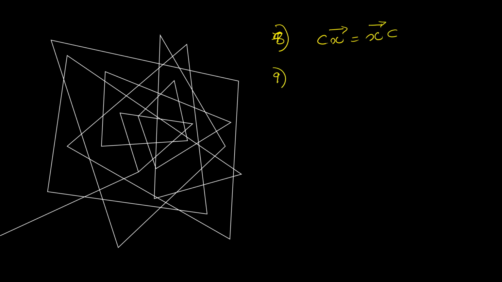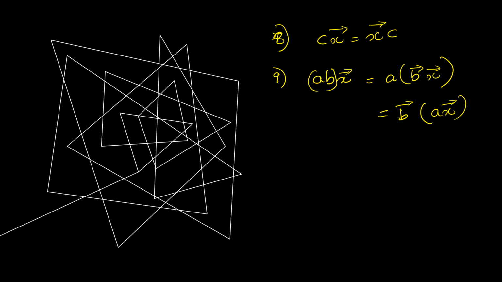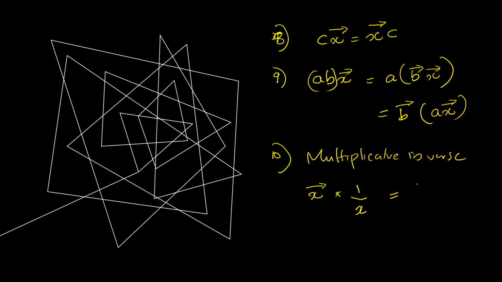Then the ninth property: a and b are two scalars, then a into b into x would give a of b into x, and would be again equal to b of a into x. Then there exists a multiplicative inverse. That is, we have some element x and it has an inverse 1 by x that would give the identity value.